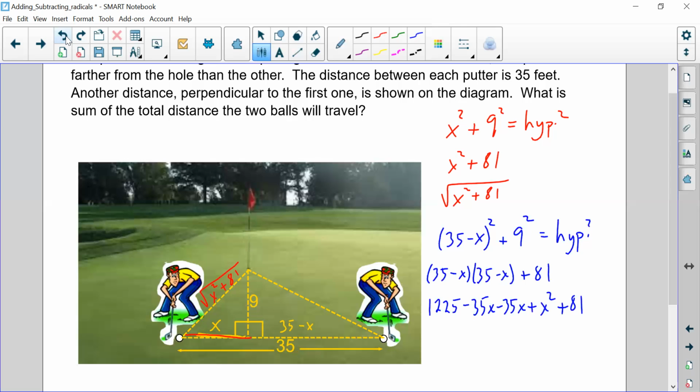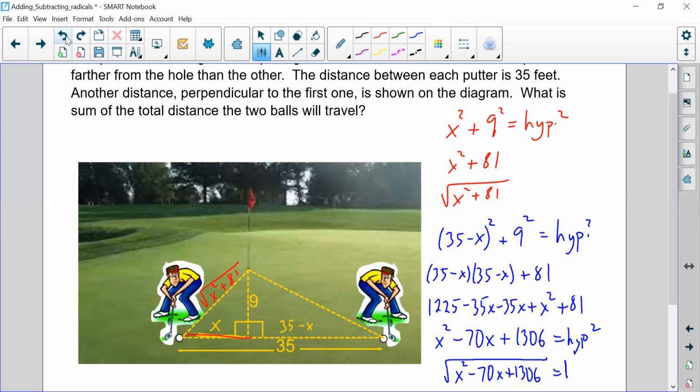More calculator work. 1,225 plus 81 is 1,306. So I'm just going to rearrange my terms. X squared minus 70x plus 1,306 equals the hypotenuse squared. So I square root that, and it's fine to leave it right here.